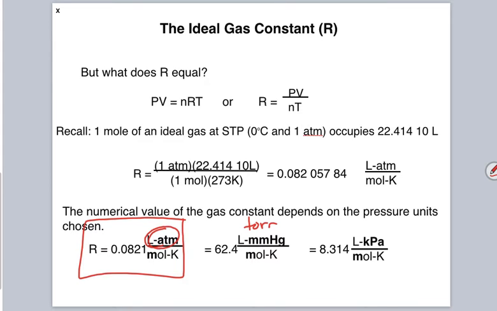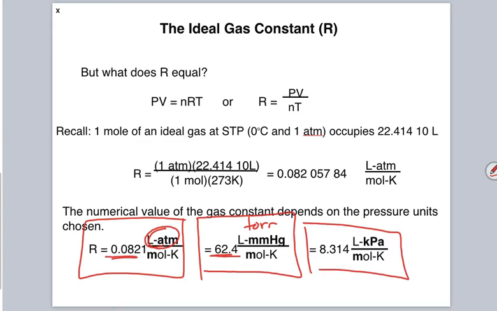And so if the pressure is in torr or millimeters of mercury, the value for R is 62.4 instead of 0.0821. On the other hand, if pressure is given in kilopascals instead of atmospheres, torr, or millimeters of mercury, then we would use the third option, which would be R equal to 8.314 if the pressure is in kilopascals.